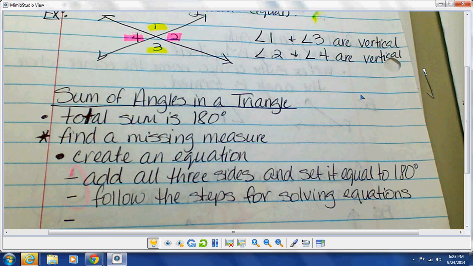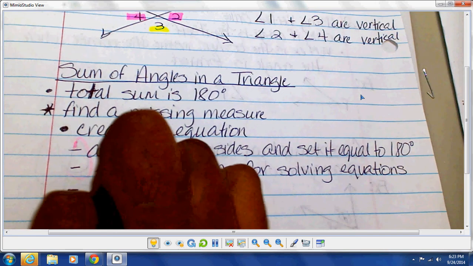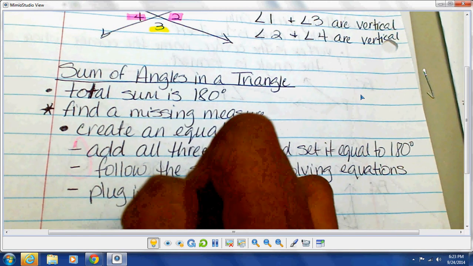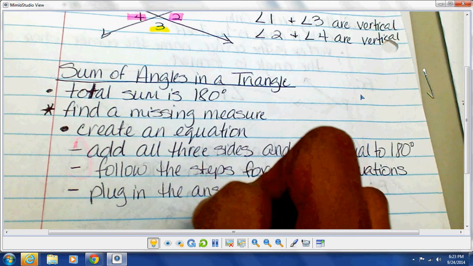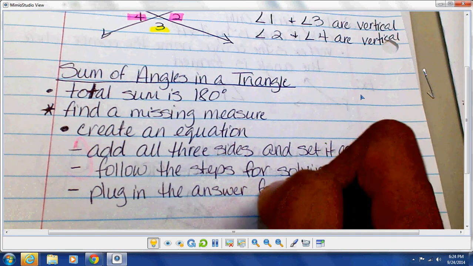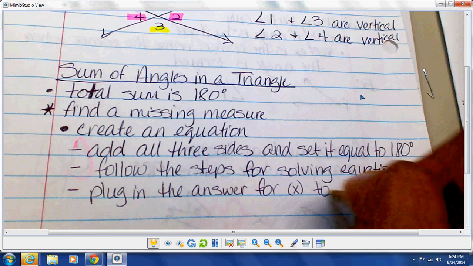And if it wants to know the value of each angle, then you can plug in or substitute the answer for x to find the value of each angle.